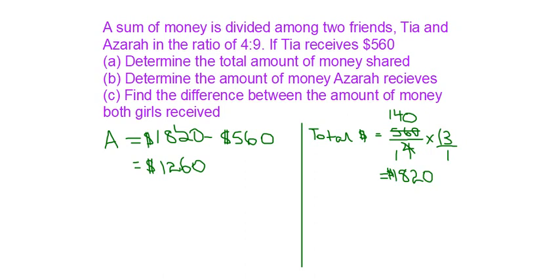So let's go. Last piece now. Find the difference between the amount of money both girls received. Let's hear it. How will we get the difference? Alright, so I think everybody agrees.